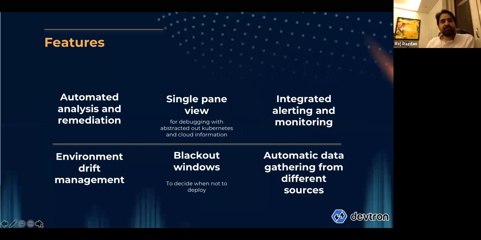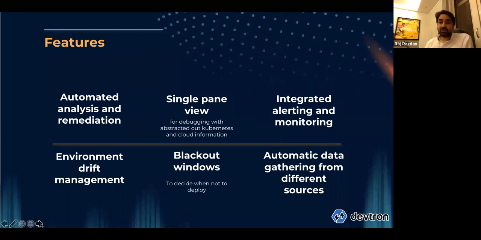So what are the key features under stability? There are two user groups within stability, as I talked about. This is the application stability I'm talking about: developers and DevOps folks. A few things: automated analysis and remediations. Single pane view. I talked about the emphasis on debugging, abstraction in Kubernetes and cloud information, alerting and monitoring.